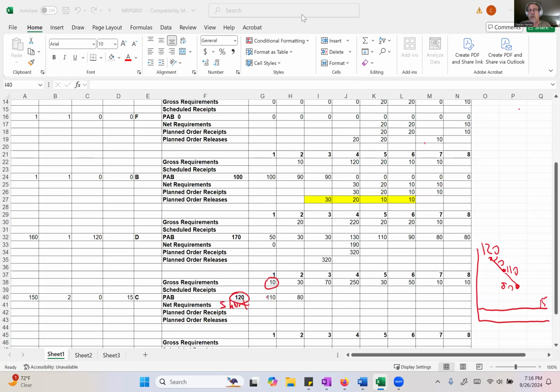Below, and you are correct. So if I draw the picture, and this gets to Herman's question, I sell 70 and I'm down to 10. Did I take care of the customer? Yes, but I'm below safety stock.